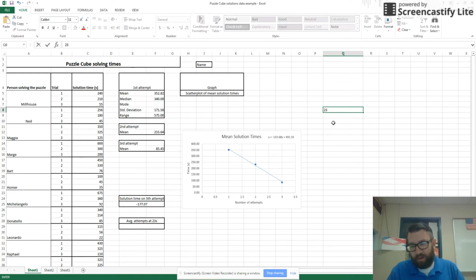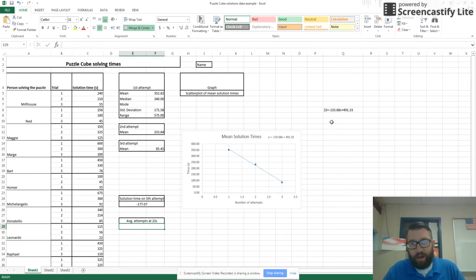So 23, because that's our time in seconds, equals negative 133.68x plus 491.33. All right, if I move the equation around and use algebra to solve the problem, I'm going to subtract 491.33 from 23.